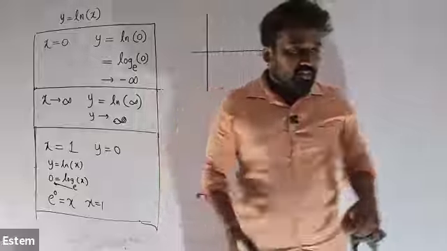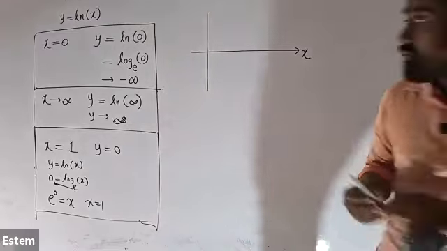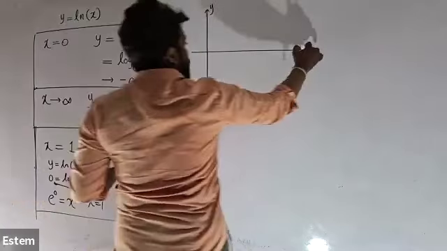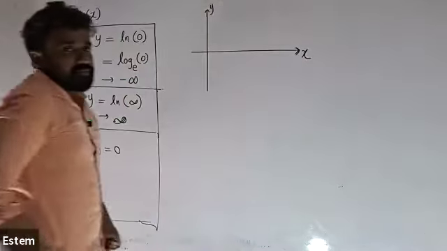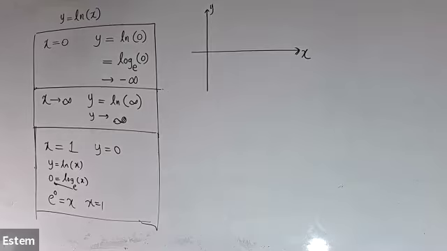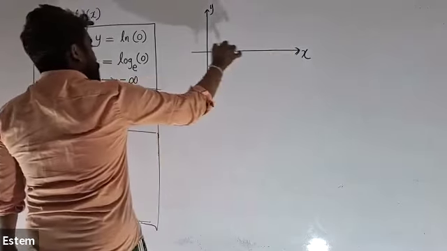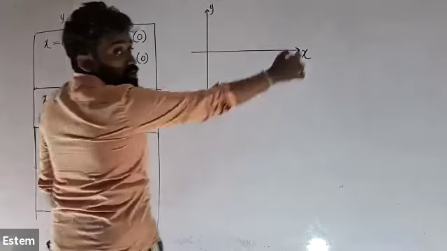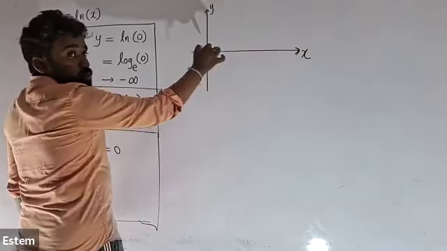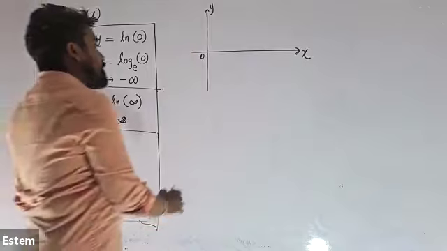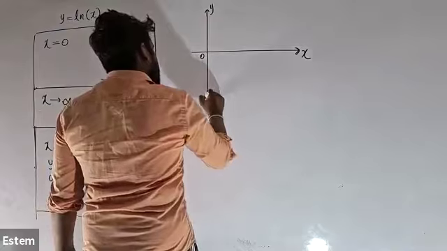How do we draw the graph now? See, this is y, this is x. When x equals 0, y is at negative infinity.